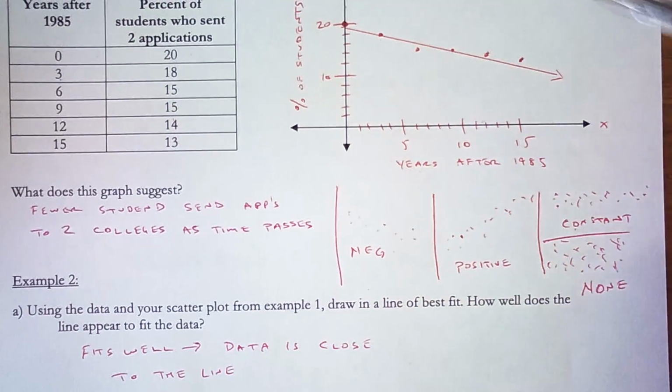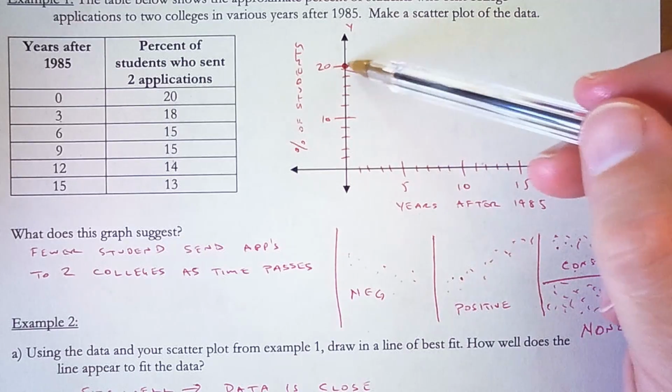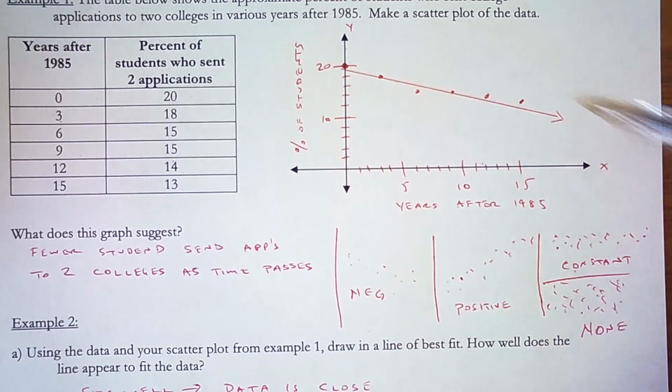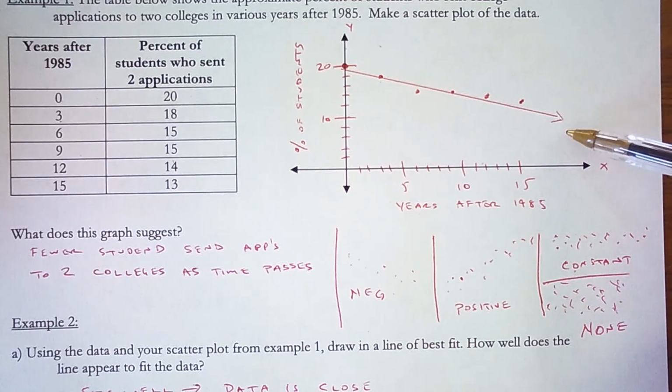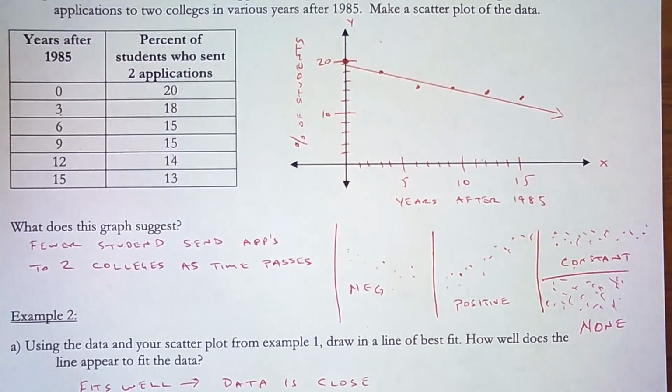Now, if we started getting data that was maybe showing still a negative correlation, but the data was spread out around that a little bit more, I would say it didn't fit quite as well, so maybe there's not quite as strong of a correlation.